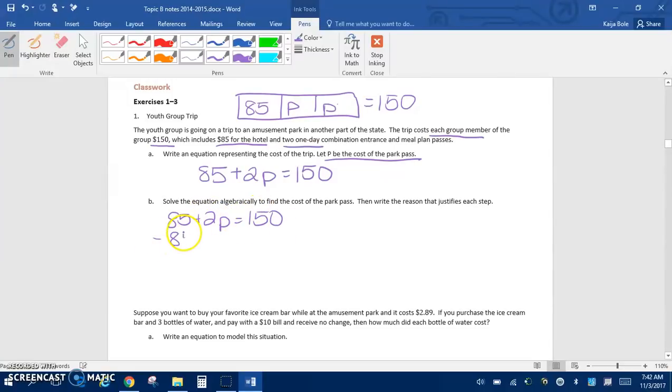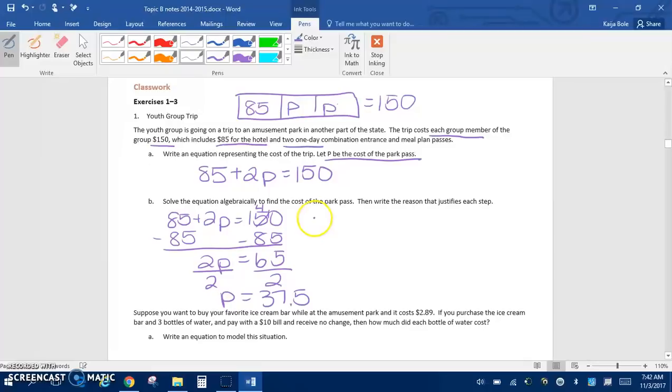So we subtract 85 from both sides first, and we get 2P equals, borrow, 14 minus 8, we get 65. And then we divide by 2, and P, when we divide by 2, is 37.5.